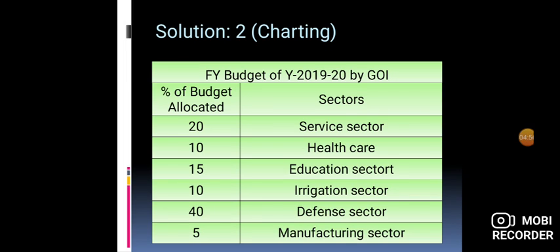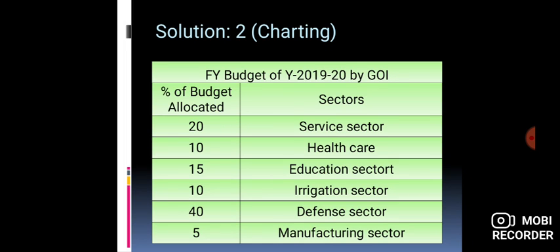By applying the charting method, we have presented the data given in example 2. In the heading, it is clearly written FY means financial year, budget of year 2019-20 by GOI. GOI represents Government of India, so GOI is the abbreviated form.